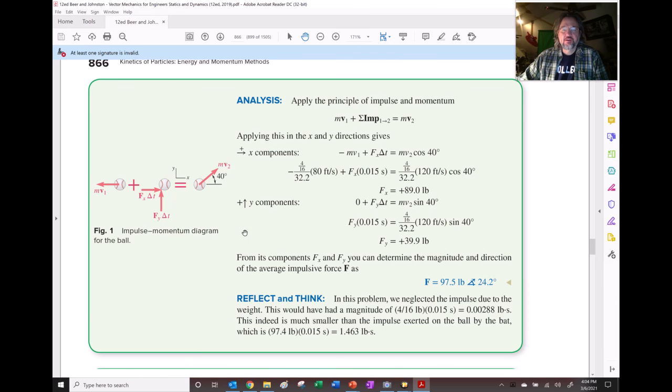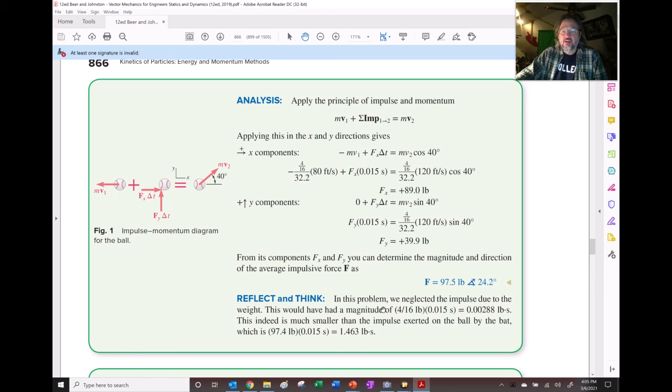Here's your little three-diagram thingy, and you can see that the values are a little bit different because they neglected weight. I said 97.64, they have 97.5. Not surprising.